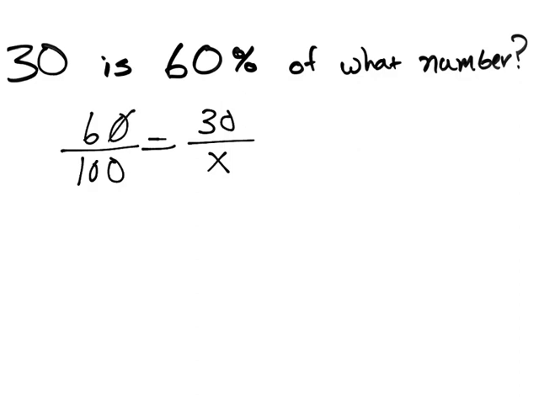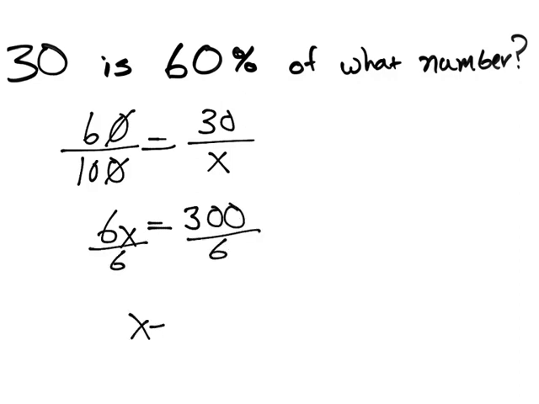We can knock one of those zeros out, and we would end up with 6 times x equals 10 times 30, which is 300. Divide by 6, x equals 50. So 30 is 60% of 50.